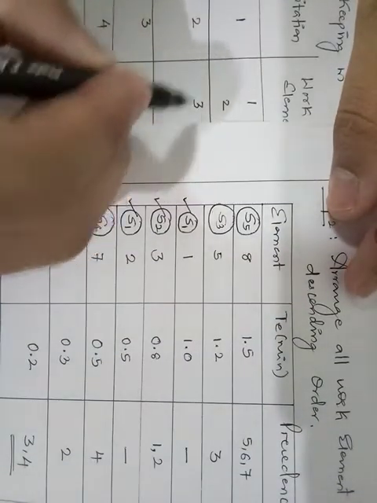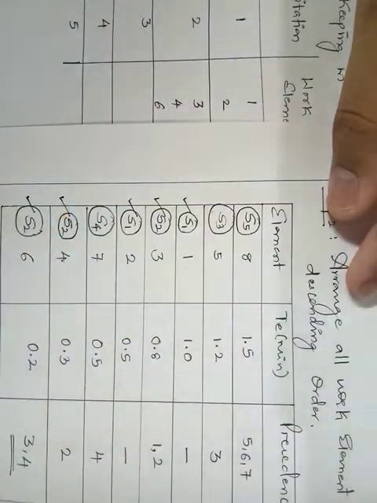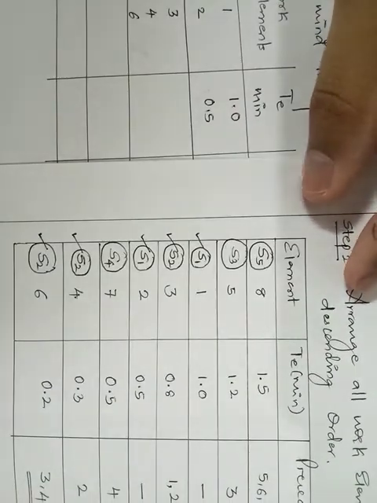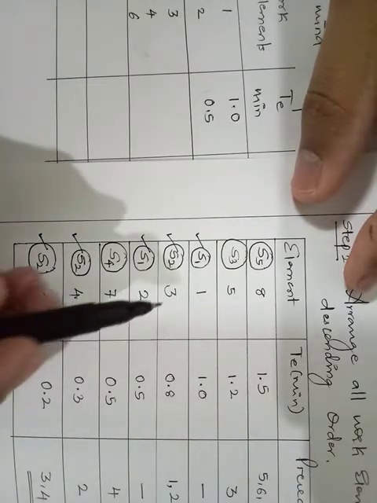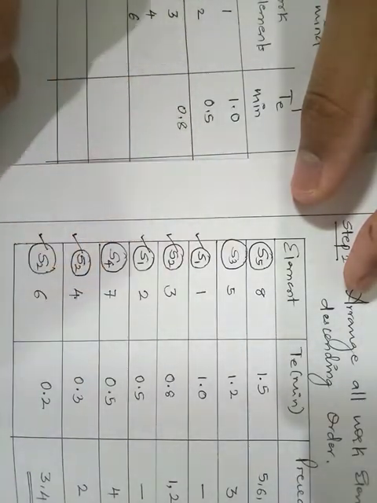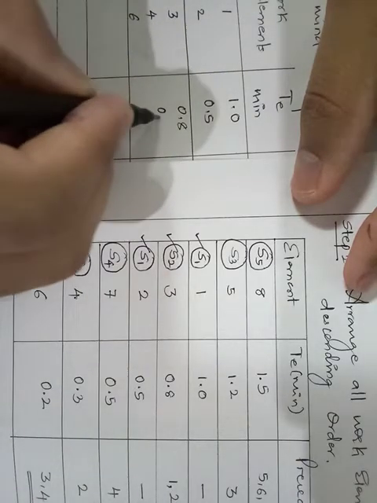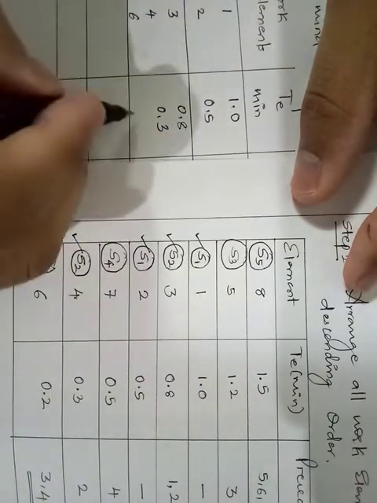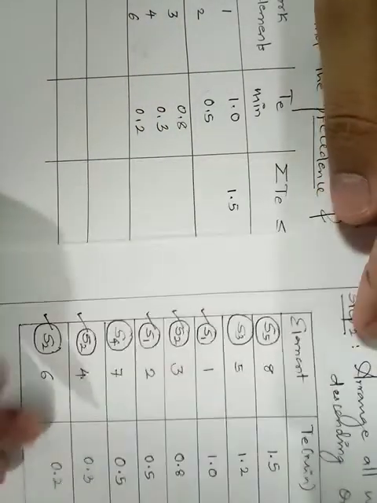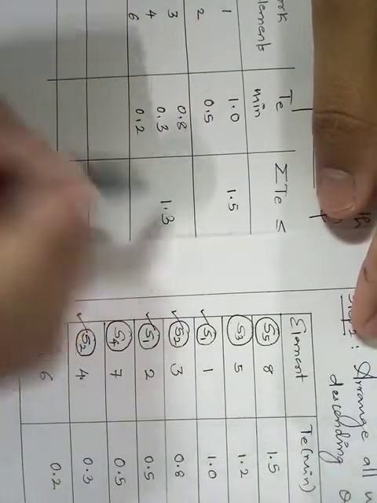We write it here: 3, 4, 6. Associated times, please note it down. What are the associated times? 3 is 0.8, 4 is 0.3, 6 is 0.2. If you sum this up, you are getting 1.3, which is again less than 1.5.